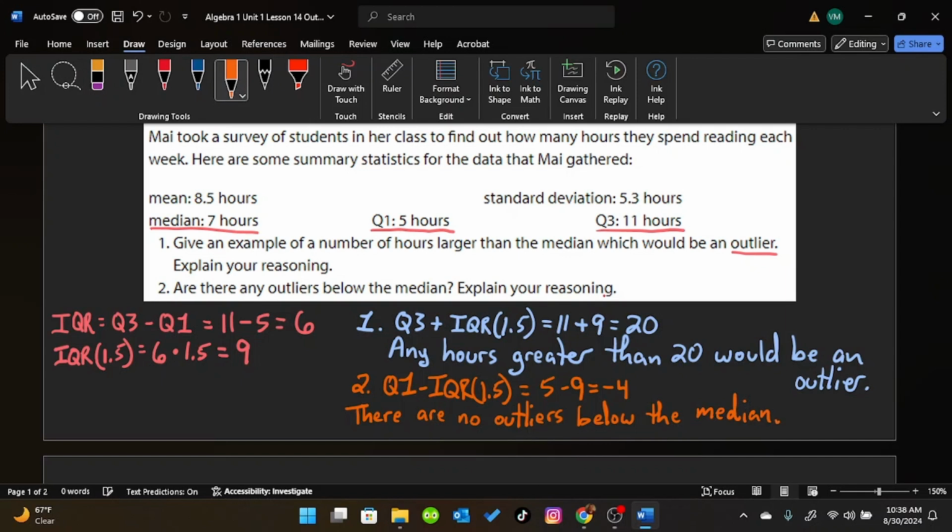And again, this is because in the context of this problem, our answers are number of hours that students read. So if it has to be outside -4, that would mean students are reading negative hours, and that's not possible.